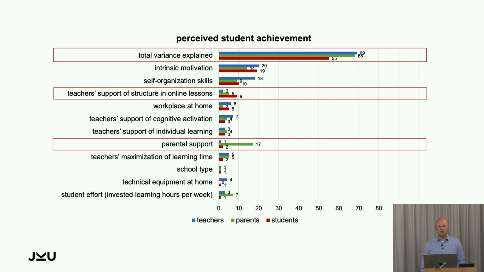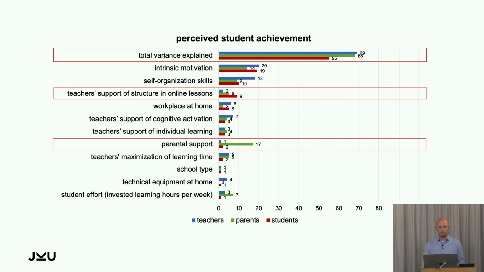Also, the predictive validity of the different predictors does depend on the dataset used. That's most obvious when we look at the predictor parental support. Using parents' data, it is very predictive for student achievement. However, when using students' data or teacher data, parental support is almost not relevant for predicting student achievement.